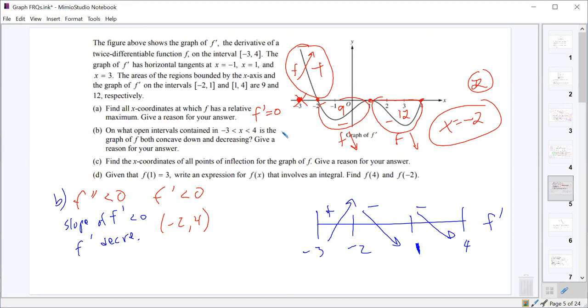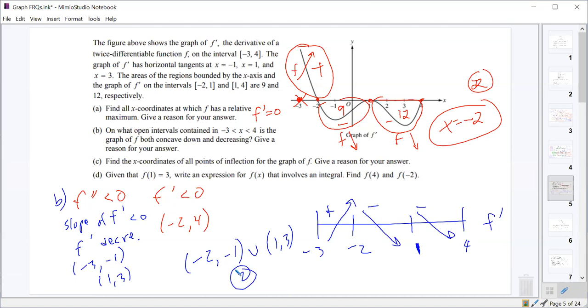Well, it's decreasing from -3 to -1, and also from 1 to 3. And so we just look for the overlap of that. Well, it's negative and decreasing from -2 to -1, as well as from 1 to 3. And 2 points for having the right intervals there.